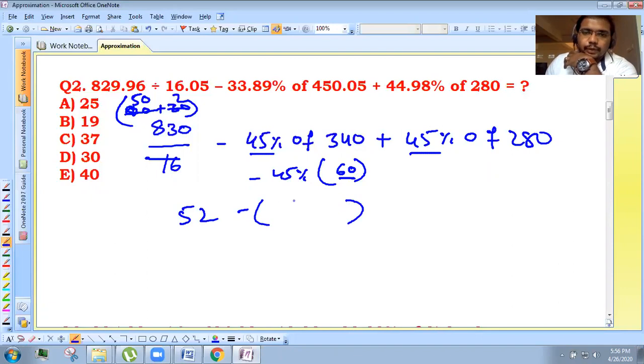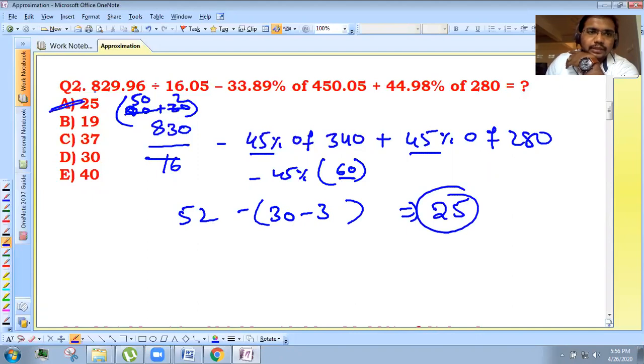That is 50% is 30 minus 3. That is 52 minus 27. Answer is 25. Approximate answer is A, first option A. I hope you understand. I will go for the next question.